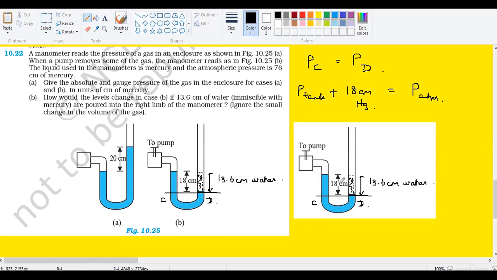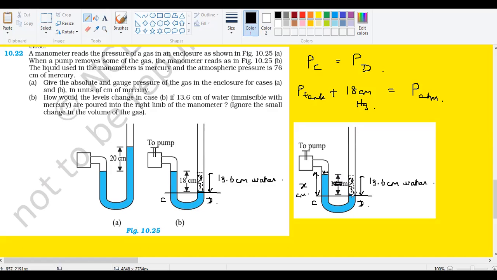So what I tried to say here is when I add some water on this side, 13.6, this is not going to be 18 centimeter anymore because the mercury level will slightly go this way. So the mercury level might rise a little bit, which we do not know right now. We are supposed to find what this height is. So let's call this X centimeter, because it's not 18 centimeter anymore.